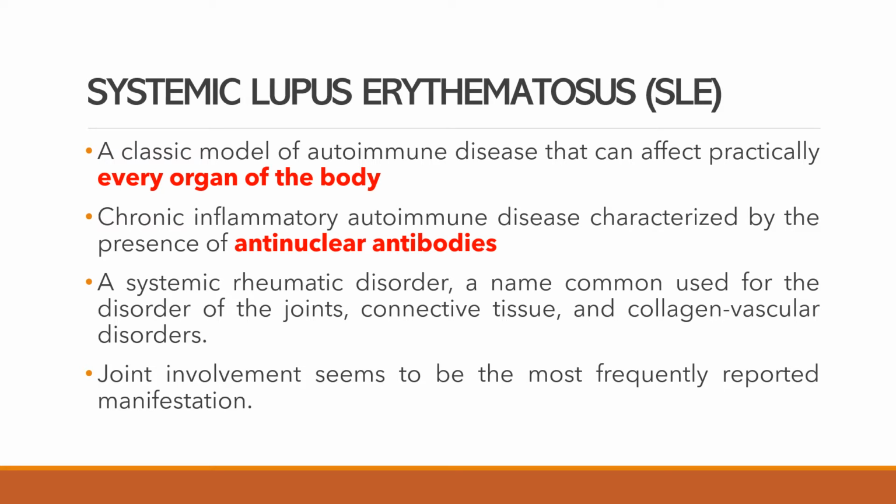People with SLE are usually also characterized by the presence of a systemic rheumatic disorder, which is a disease that commonly affects the joints, the connective tissues, and the collagen vascular system of the person. Joint involvement seems to be the most frequently reported manifestation, but aside from this, your SLE can also cause diseases that can affect your kidneys.